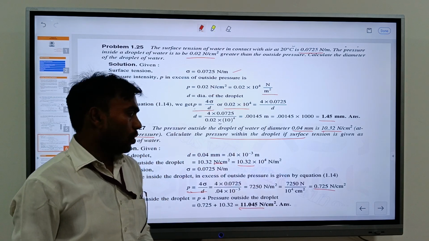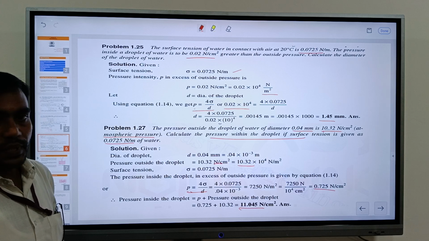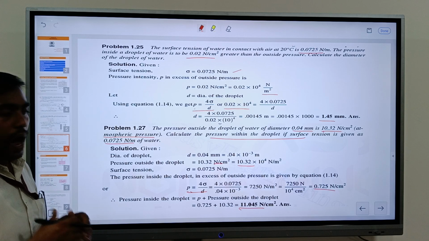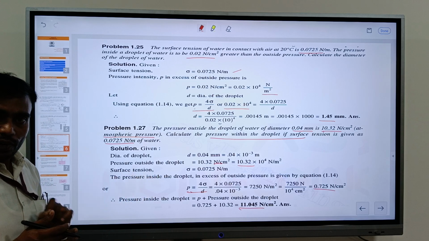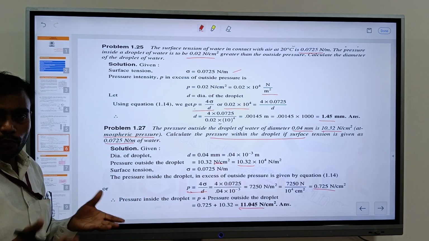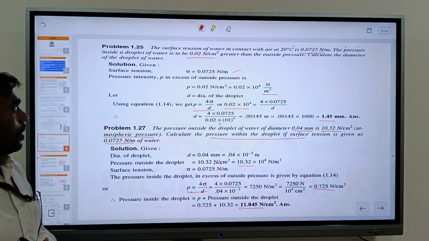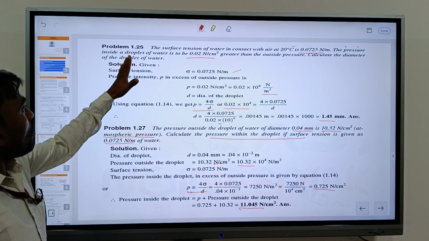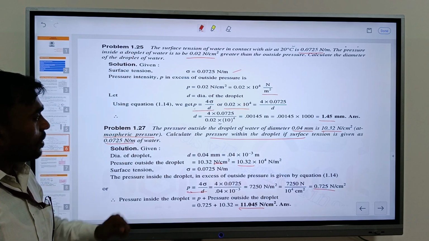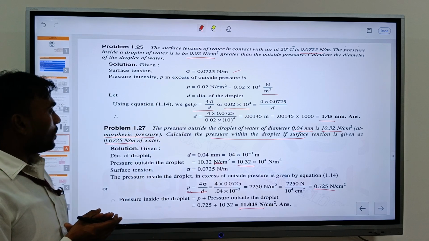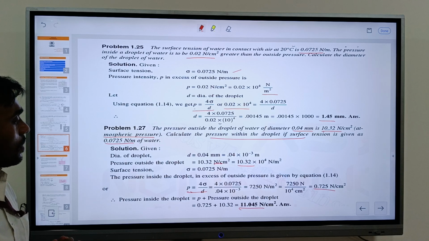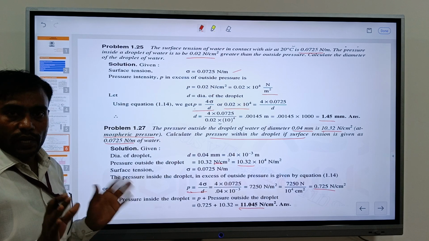So whenever the question is asked in a sessional or semester exam, you have to read it carefully, to see what required value is to be calculated. And by solving examples 1.25 and 1.27, it clears the concept of how the intensity of pressure is to be calculated.